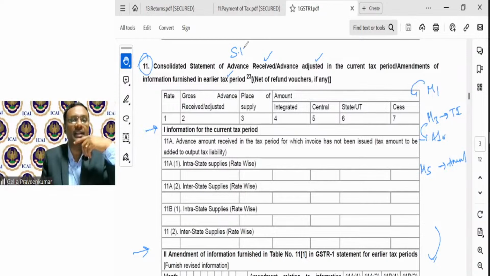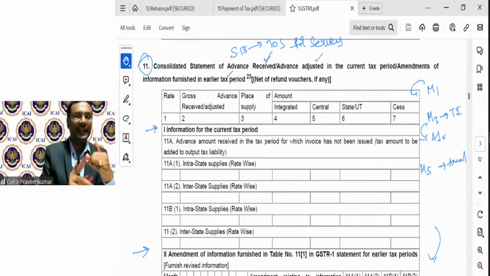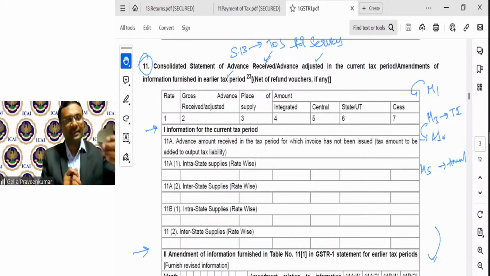Section 13, which deals with your time of supply for services. Please keep in mind, students, when you join a particular company or give your services as a consultant to any company, where I receive advance in relation to services, using table number 11, I disclose it.